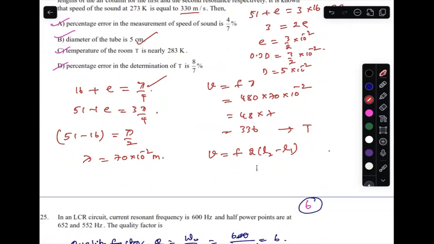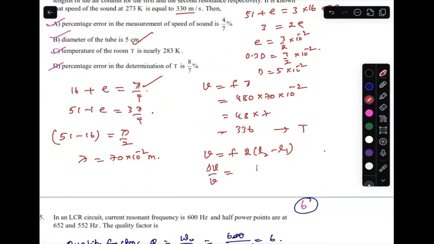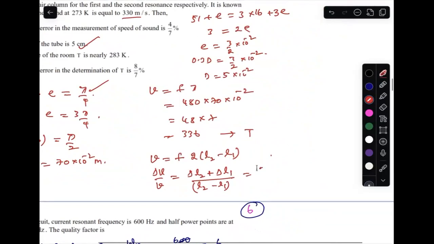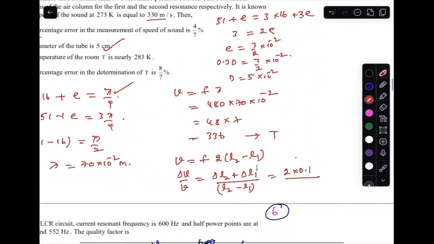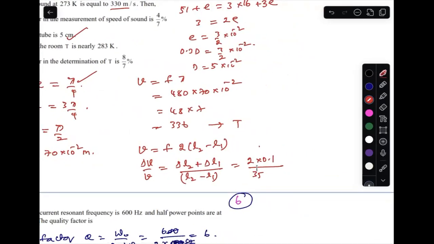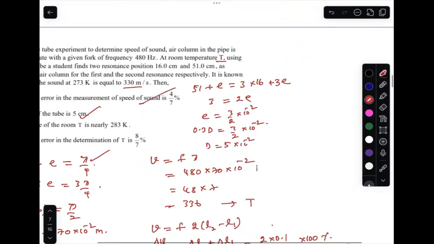Delta V by V is delta L2 plus delta L1 by L2 minus L1. That is the formula. Delta L2, how do we know? 0.1, so 2 times 0.1. L2 minus L1 you determined already, 51 minus 16, which is 35. This is going to be into 100 percentage, so it is 20 by 35, that is 4 by 7. Absolutely correct.